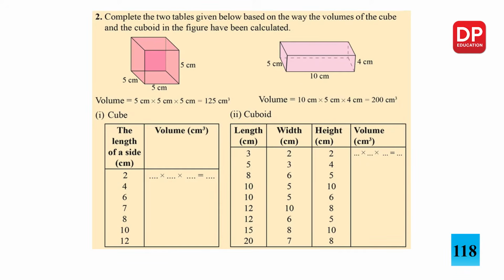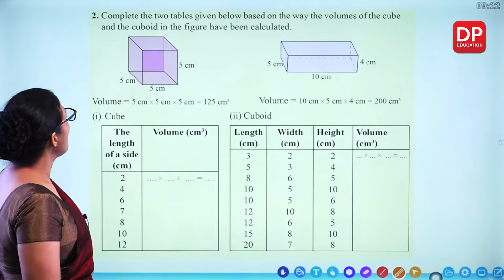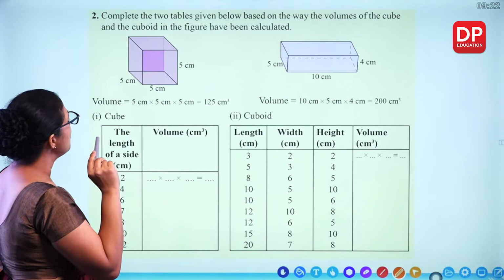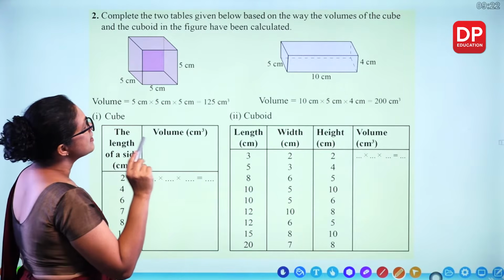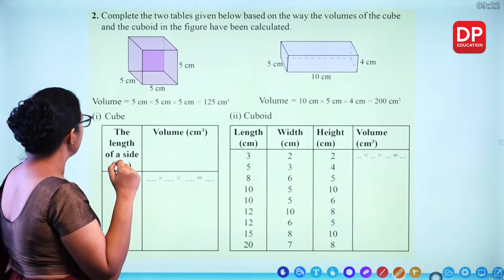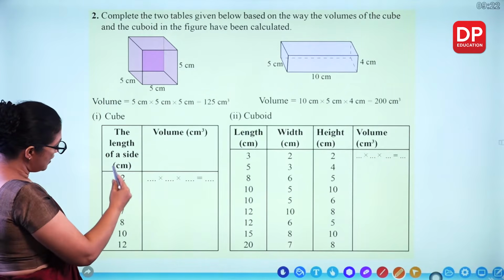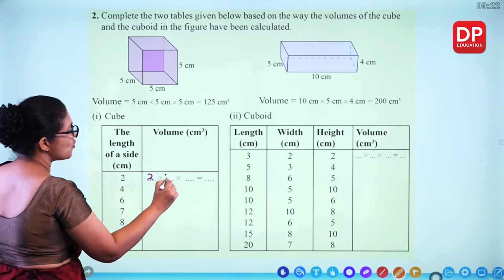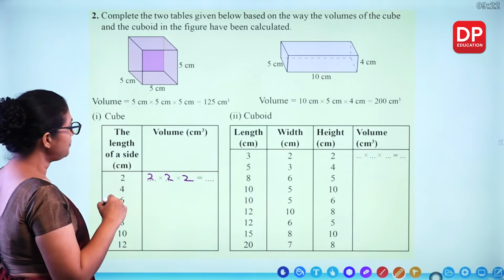Question number 2. Complete the 2 tables given below based on the way the volumes of cube and cuboid in the figure have been calculated. So volume is 5 into 5 into 5. That's 125 cubic centimeters. This is 10 times 5 times 4. That's 200. Now different side lengths given. 2 times 2 times 2.